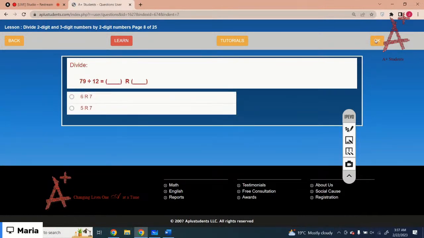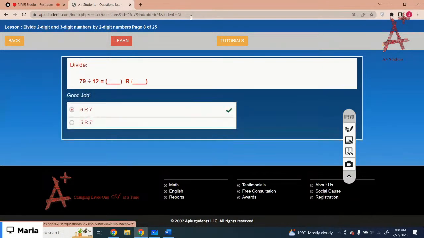Okay, the next one is 79 divided by 12. Yes, very good. It is 6 remainder 7.